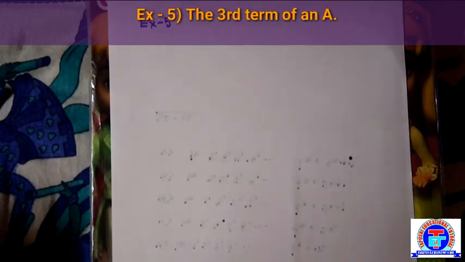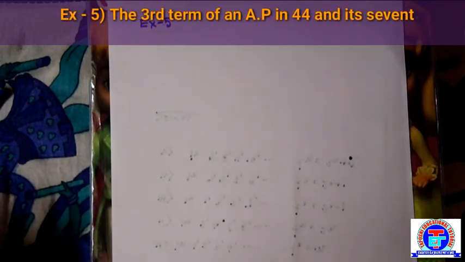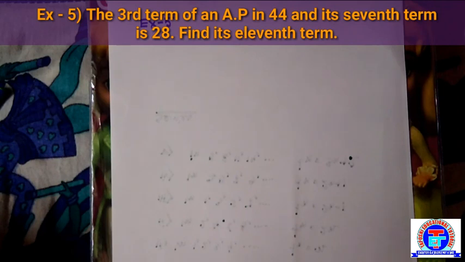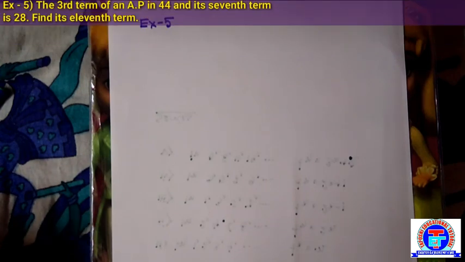Student, here another problem, problem number 5. The third term of an AP is 44 and its seventh term is 28. Find its 11th term. Okay, so student, read this problem again and again and try to understand in which way we solve this problem.